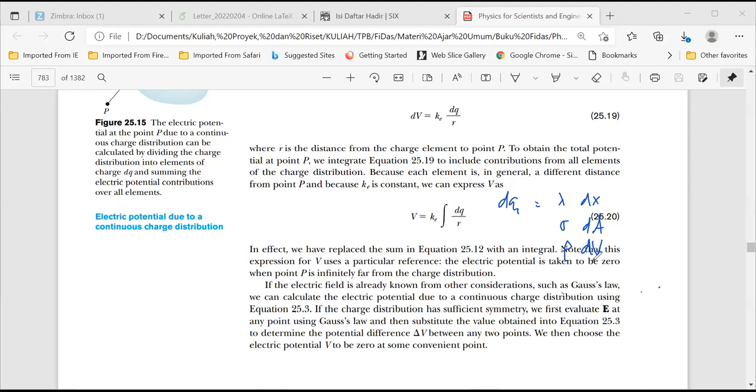Most of the cases we will discuss are this uniform case, where lambda, sigma, and rho are constants.